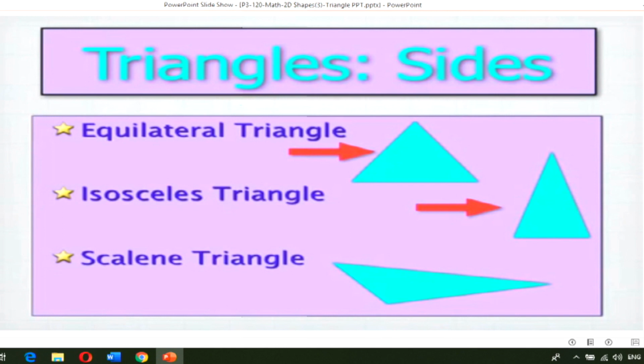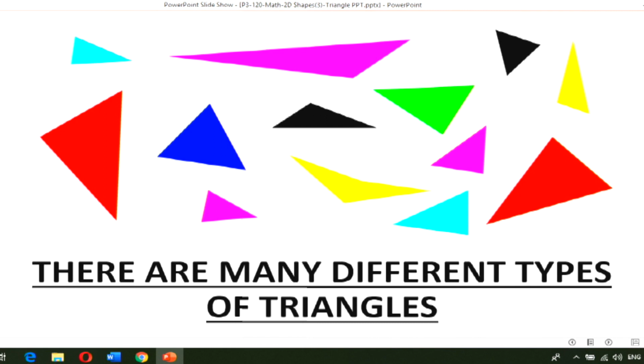So one more time, equilateral triangle, isosceles triangle, and scalene triangle. Excellent, guys, very good. Many different types of triangles.